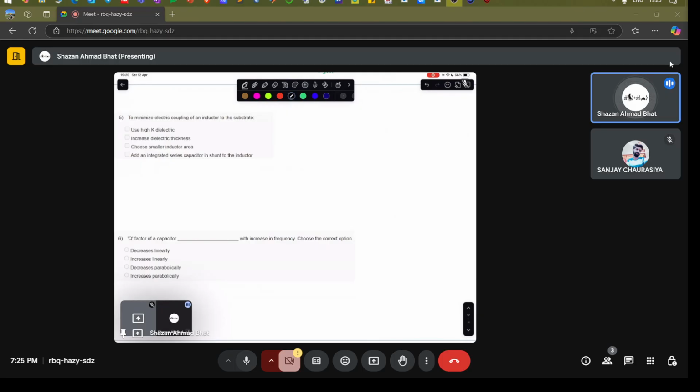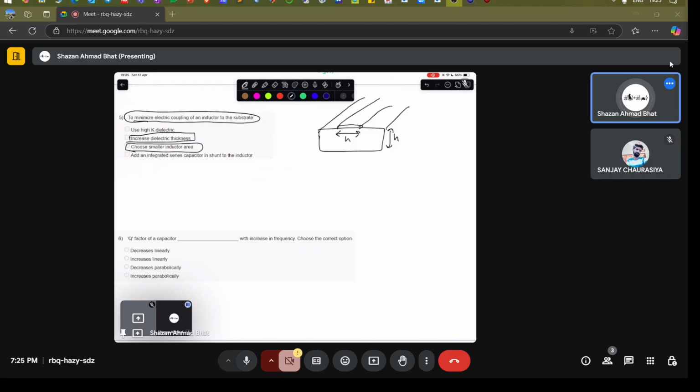Now, to minimize the electric coupling of an inductor to the substrate, which we also discussed, how can you do it? You can increase the dielectric thickness, which is this H, or you can choose a smaller area inductor.